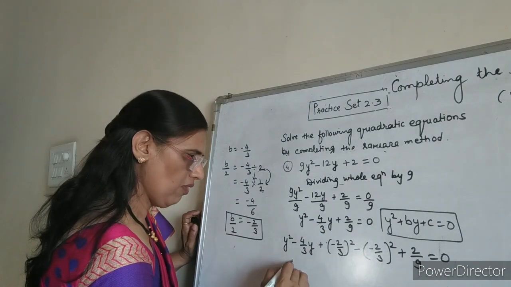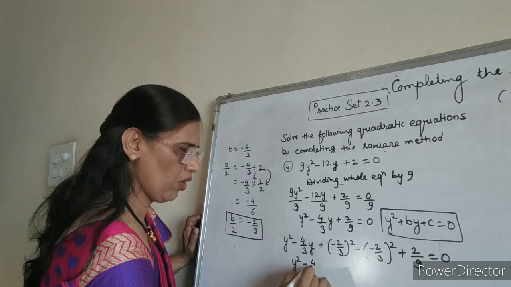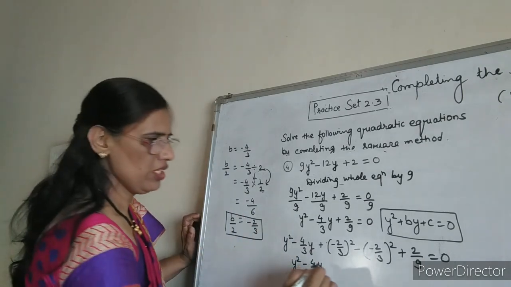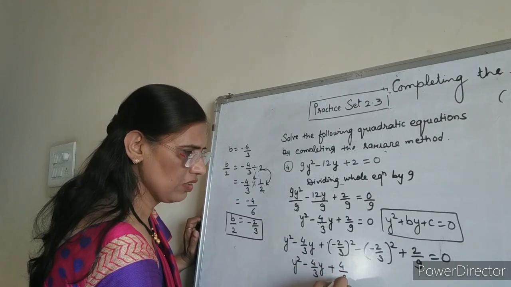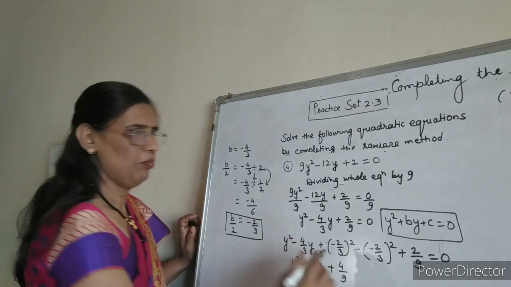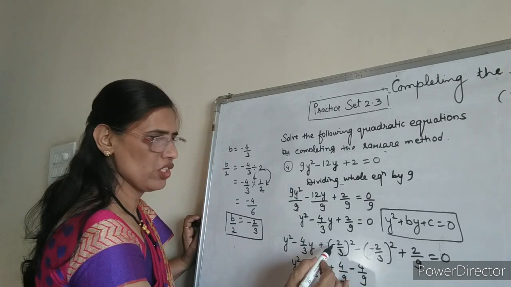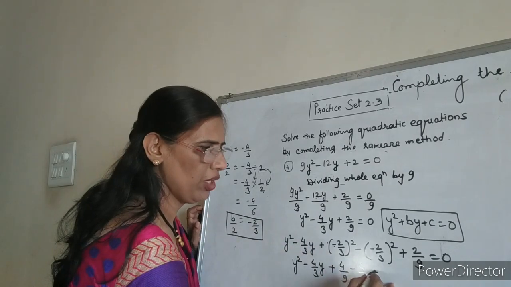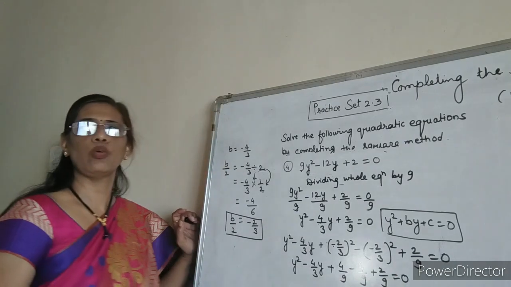So we get y square minus 4 upon 3 y plus 4 upon 9 minus 4 upon 9. The square of any negative is always positive. Plus 2 upon 9 is equal to 0.